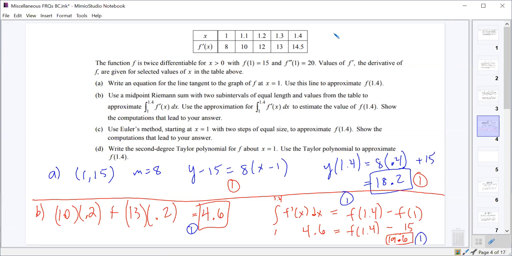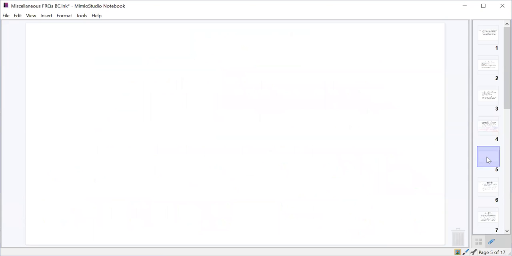Our slope at 1 is 8, and we know that the step is 0.2. So if our slope is 8 and our step is 0.2, we should be increasing our y value by 1.6.